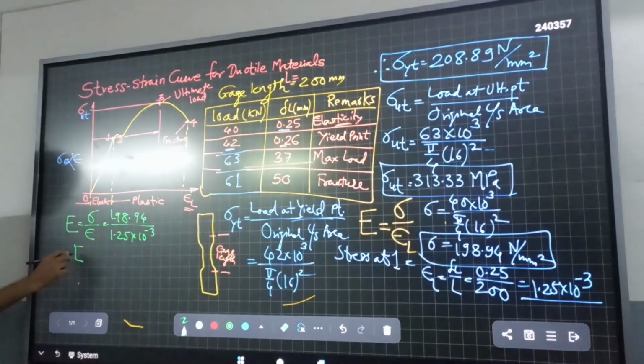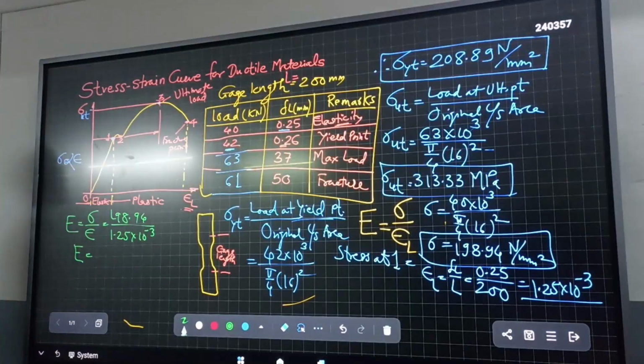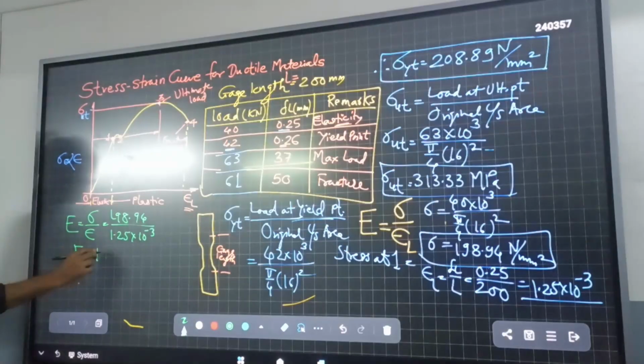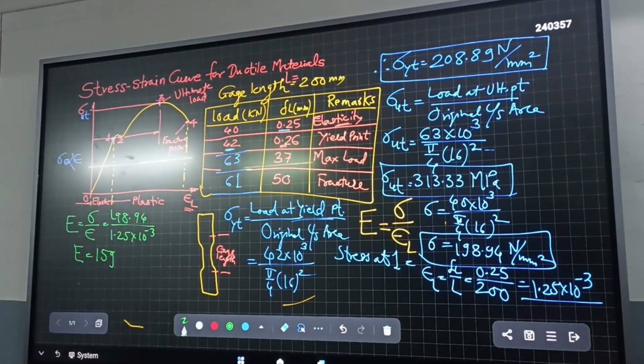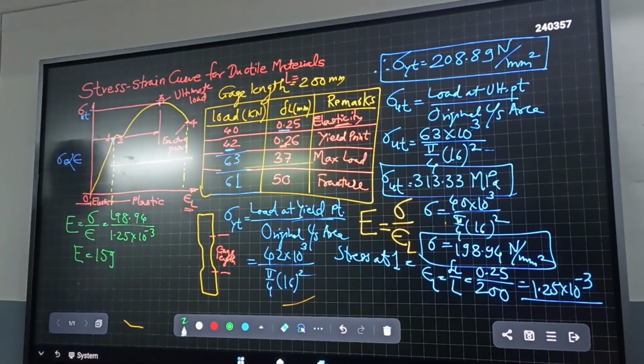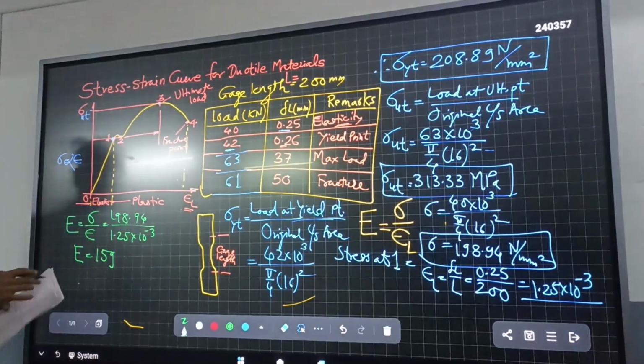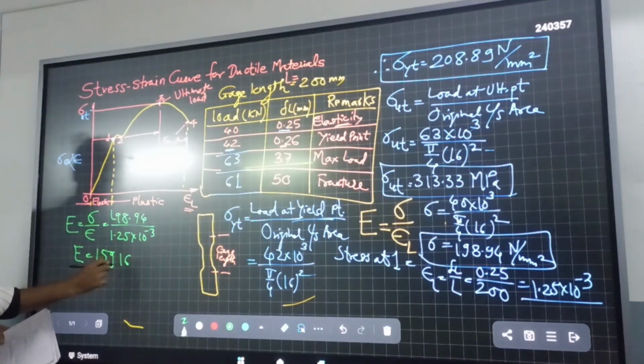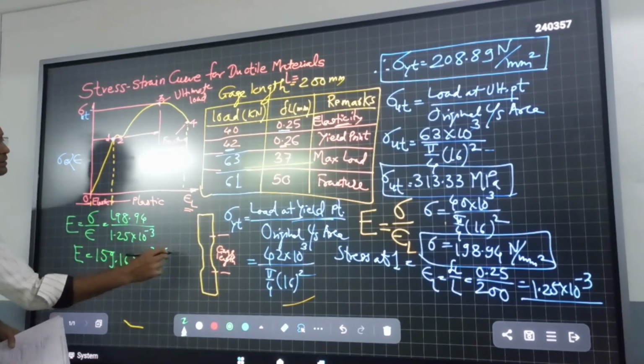This will give you the value of Young's modulus, which is 159.16 into 10 raised to 3 Newton per mm square.